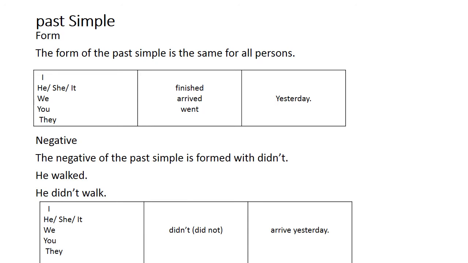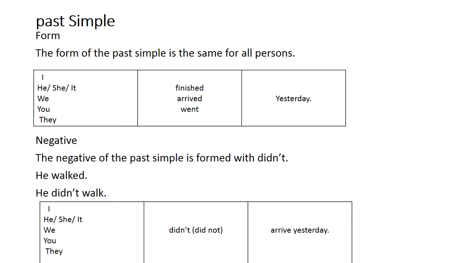The negative of the past simple is formed with didn't. Like, if I say he walked, if I convert it to negative it will be he didn't walk. That means we added didn't and we removed ed from the verb. We can see an example, I didn't arrive yesterday.